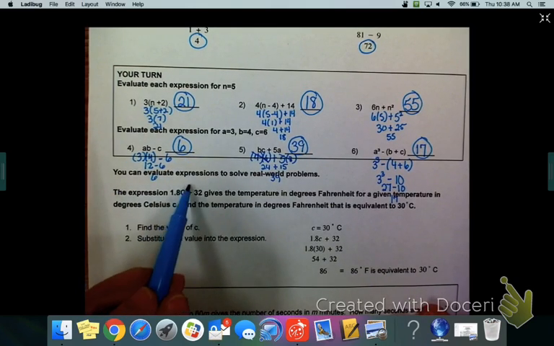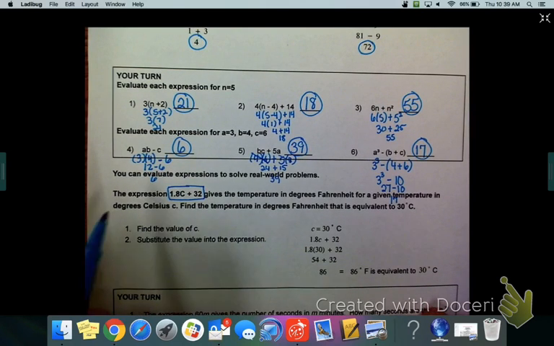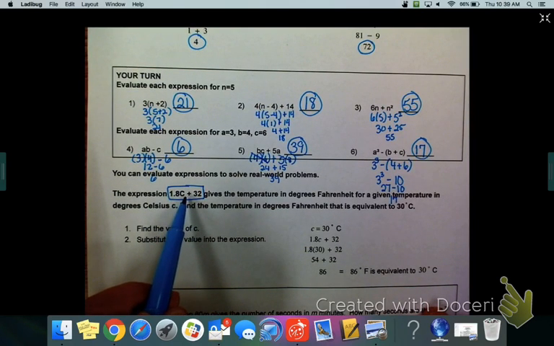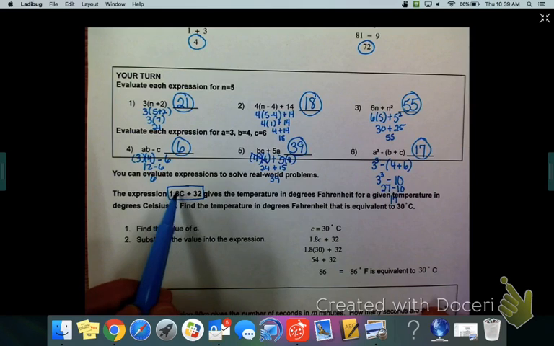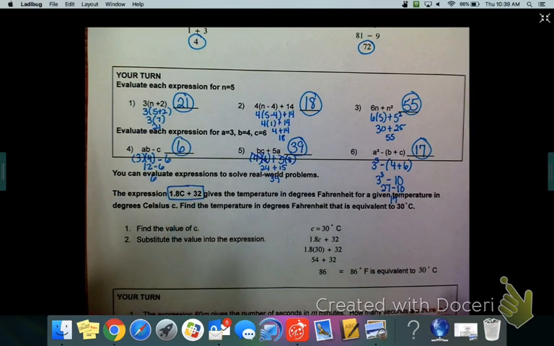So we're going to use this expression right here, 1.8 times C. I'm assuming that this is multiplication because this number is written in front of this variable. So that's multiplication. So 1.8 times C plus 32. We'll take a Celsius temperature and turn it into degrees Fahrenheit.